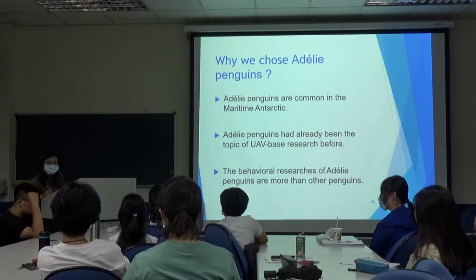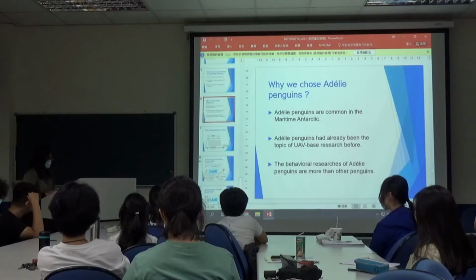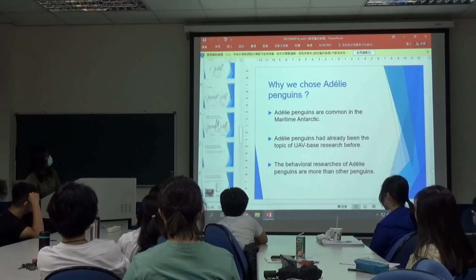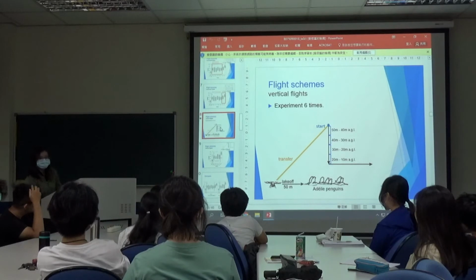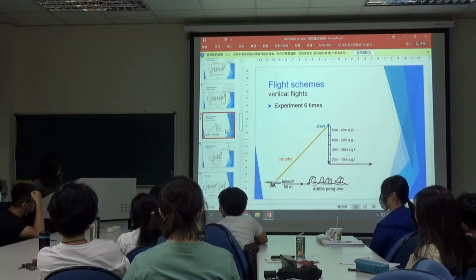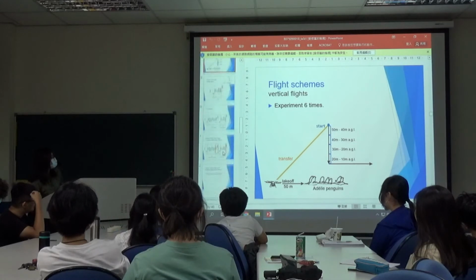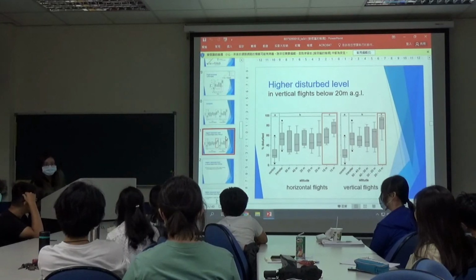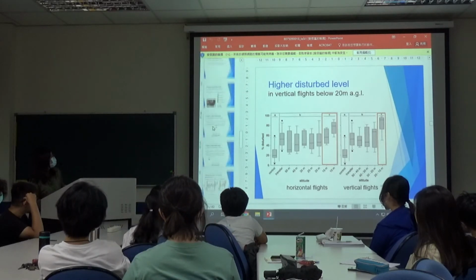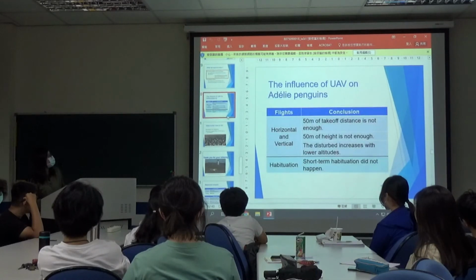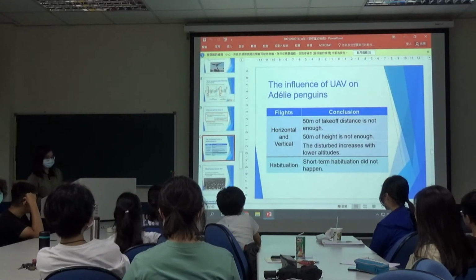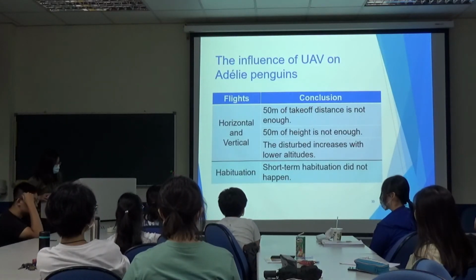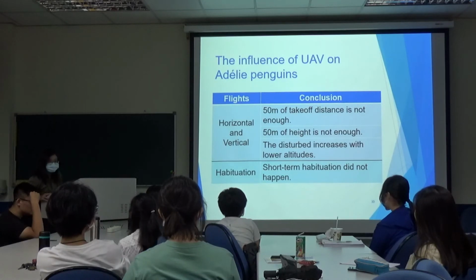There's a chart around the conclusion. Yeah, this one, at the bottom: habituation, and the conclusion is short-term habituation did not happen. I don't understand what that means.